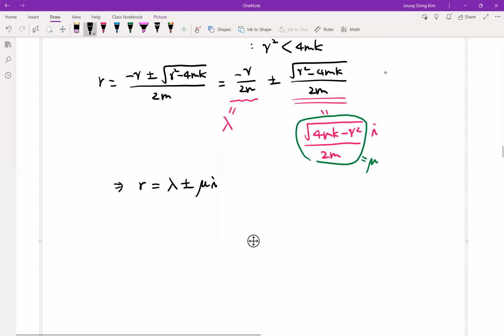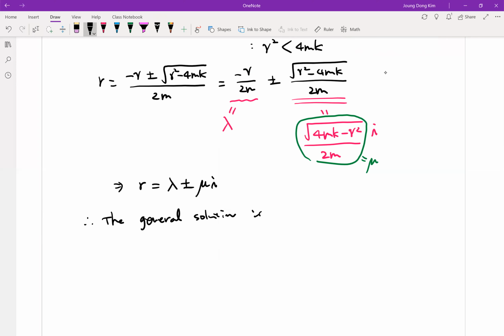Therefore, the general solution is u(t) equals coefficient a times e to the lambda t times cosine mu t, plus another coefficient b times e to the lambda t sine mu t. Then as we did before, we can combine this as one single cosine function.